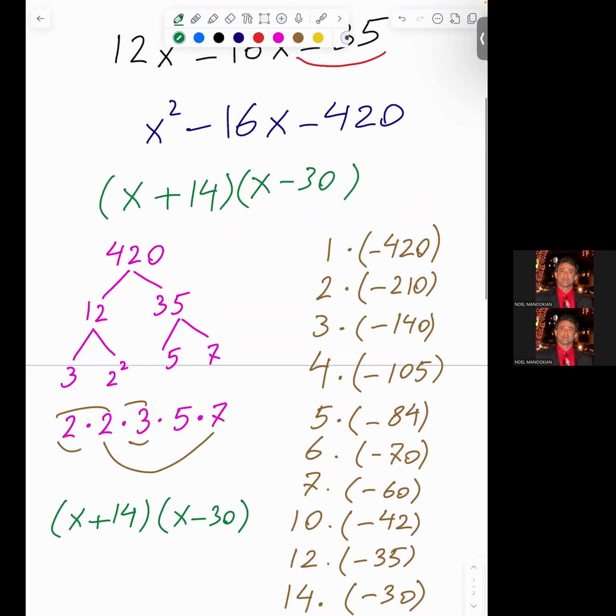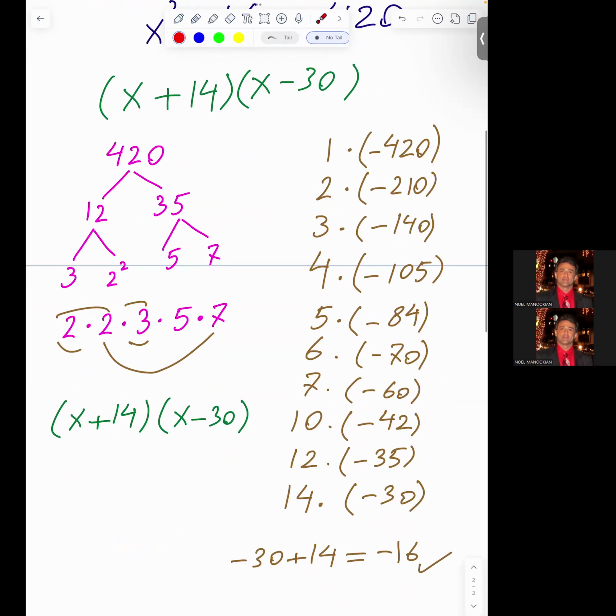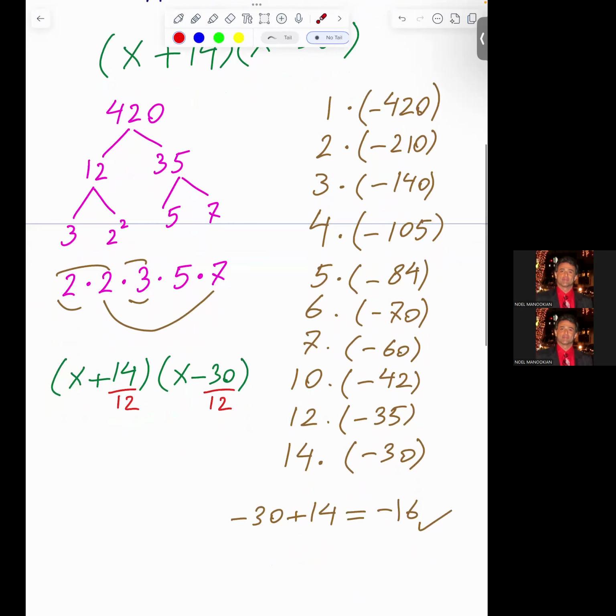The next step, look at the coefficient of x squared, which is 12. In this approach, you're going to divide this 14 and negative 30 by 12. 12 is the coefficient of x squared. So I'm going to divide this by 12 and divide this by 12. Then you're going to simplify the factors as much as you can.